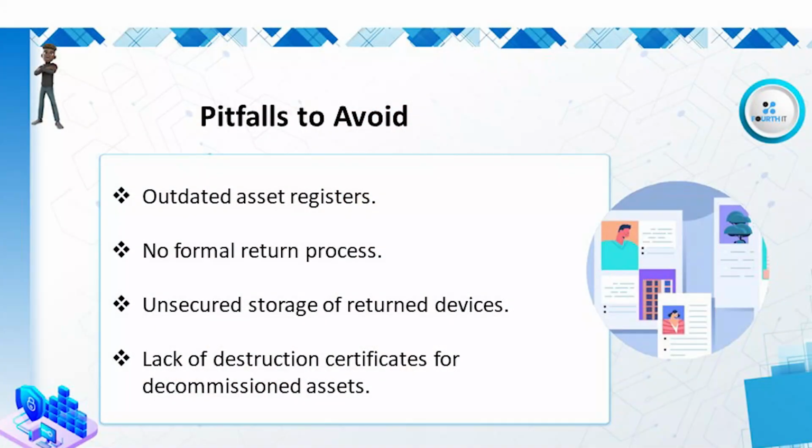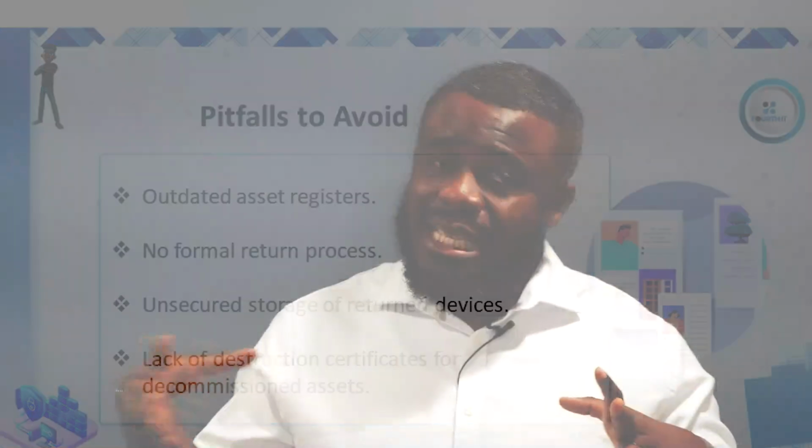To implement ISO Annex A 5.11 effectively, you need to focus on these things as we have talked about in this section: maintaining an up-to-date asset register, integrating asset return into offboarding and HR processes, managing third-party assets with contractual agreements, and ensuring secure retrieval for remote employees.